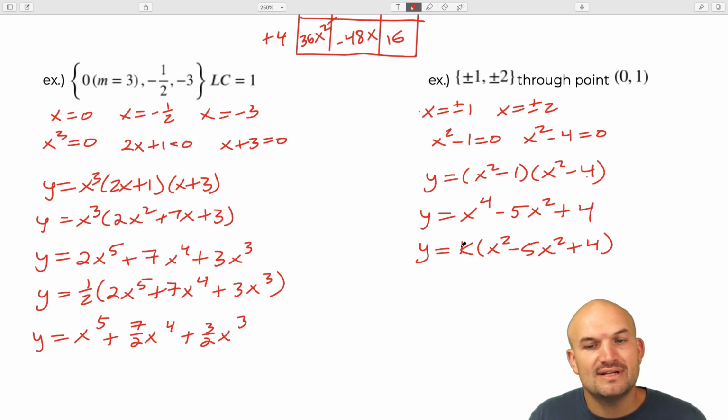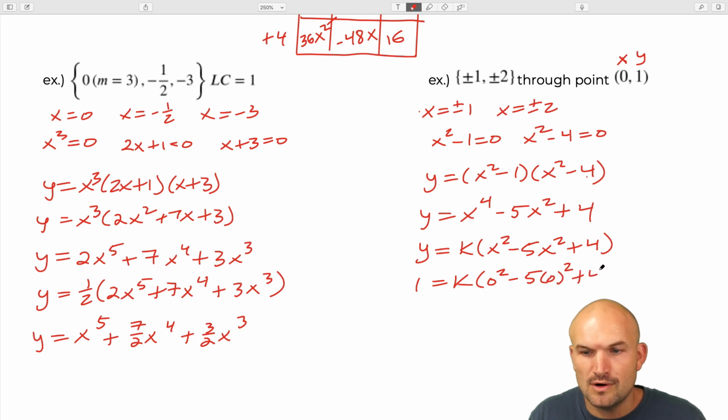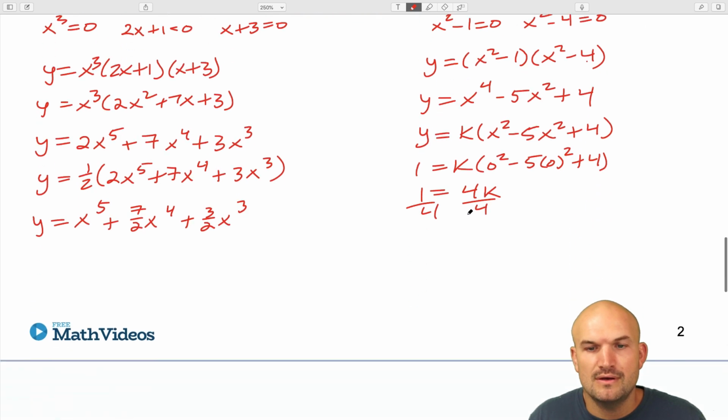But let's say we need to add a scalar that's going to satisfy this. Now again, what does the point (0, 1) give us? That gives us our point x, y. So I can plug 0 in for x and 1 in for y. So what happens when I do that, let's figure out what I get. I get 0 to the 4th minus 5 times 0 squared plus 4. 1 equals 4k. Divide by 4, divide by 4, and I get k equals 1/4.